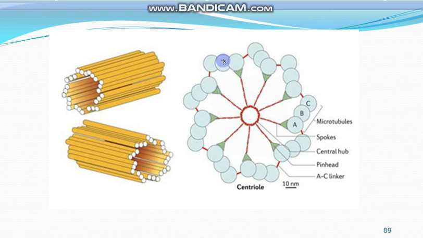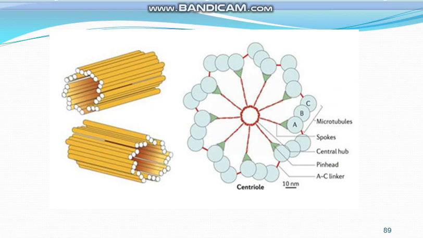So this is 1, 2, 3, 4, 5, 6, 7, 8 and 9. These are the 9 groups of triplets arranged in a cartwheel-like structure. So this is shown here.